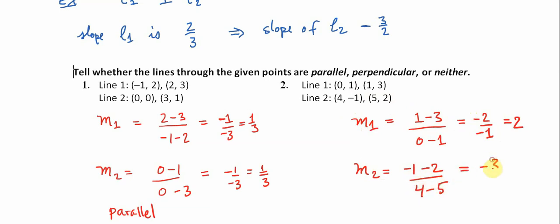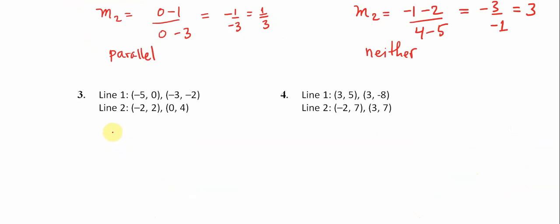So that's -3 over -1, which simplifies down to just 3. Okay. So these slopes are not equal. They're not opposites, right? Because they're both positive. So these two lines are neither parallel nor perpendicular.